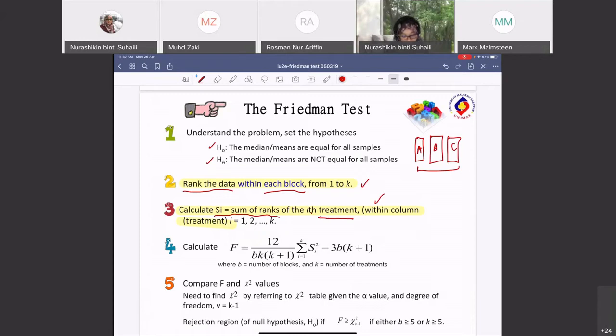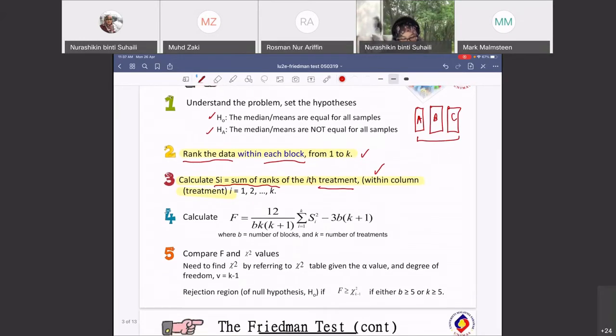Okay, right. The fourth step is to calculate the F. So this is the test statistic. Every test has its own parameter to be calculated. For Kruskal-Wallis it is different. For Kruskal-Wallis it is H, for Mann-Whitney it is U, and for Friedman it is F. Okay, so this is the formula, and you can see the formula here.